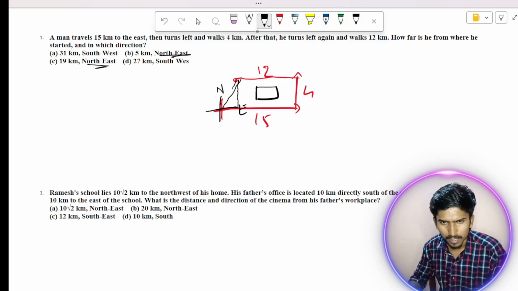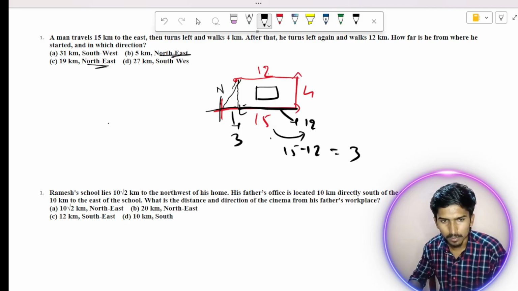If this is 12, this will also become 12 from here to here. In 15 we minus this 12. 15 minus 12, we will get the answer 3. So this is 3. If this is 4, this will also become 4, so this is also 4.